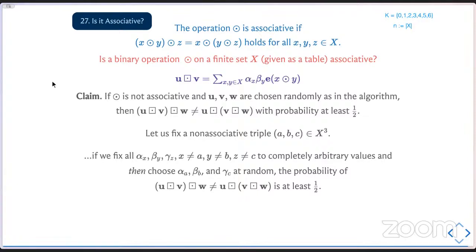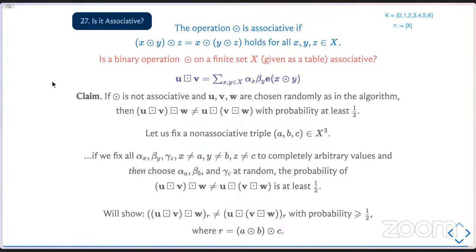And now the question is trying to understand what this box product looks like. We're going to, in particular, show that if these things are not equal, remember that this box product is an element of k to the x. It has n coordinates indexed by elements of x.